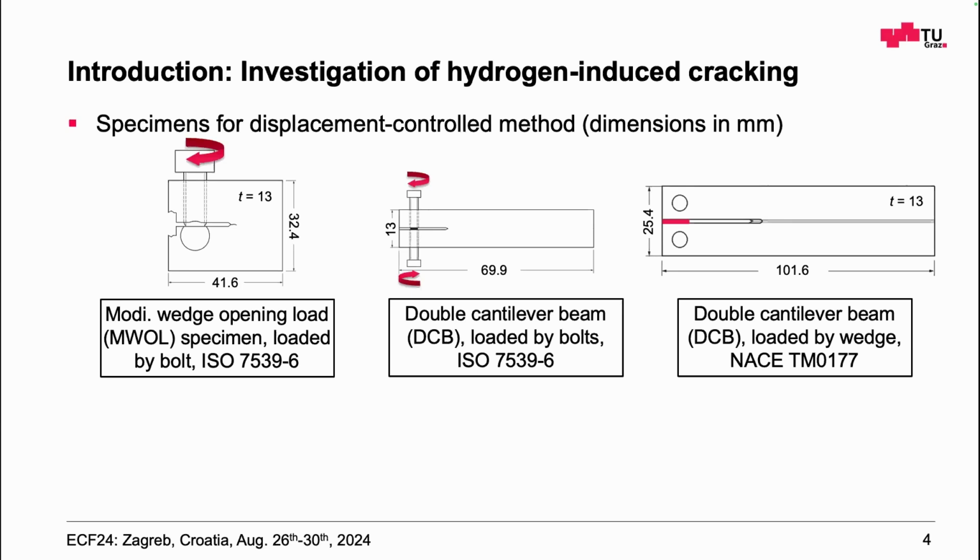The problem is now, especially if you have an autoclave which has a limited volume, that these kind of samples, even if they are only about 70 or 100 millimeters long, are big, because if you would like to do testing of different materials, for example, or testing of many materials in parallel, you need to place as many samples as possible inside of the autoclave, because such an autoclave charging cycle takes at least, I would say, 3 weeks, and most of the cycles take up to 6 weeks.